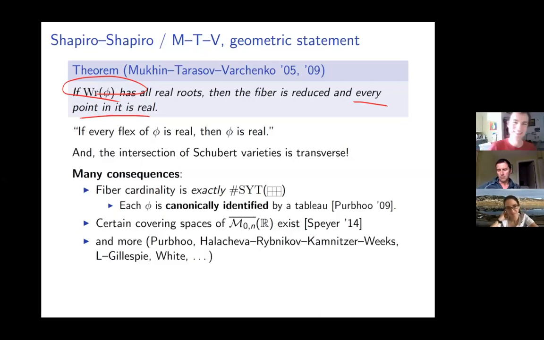Yeah. Can I ask a question? Yeah. So, could there be conditions on the Wronskian of phi that are weaker, in which the fiber is still reduced, but maybe the points aren't real?